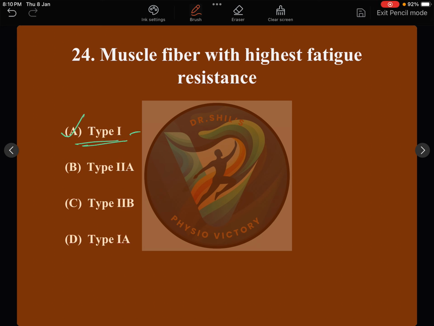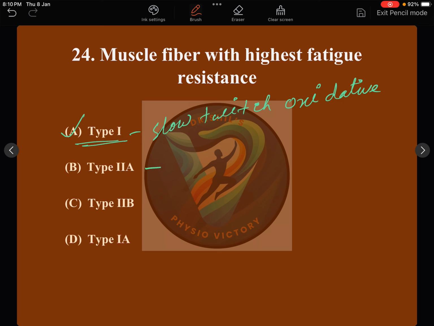Type 1 is slow twitch oxidative muscle fibers or aerobic fibers, rich in mitochondria and myoglobin, highly fatigue resistant. These are postural muscles.